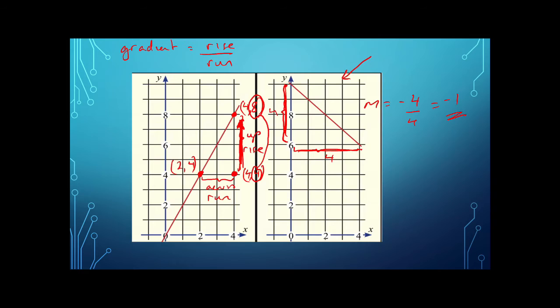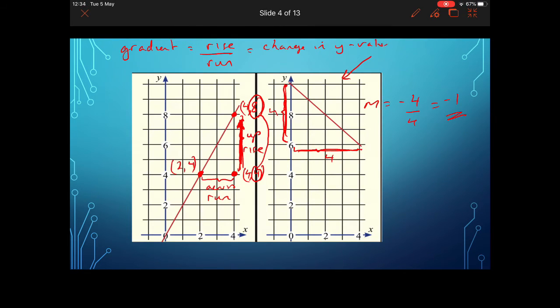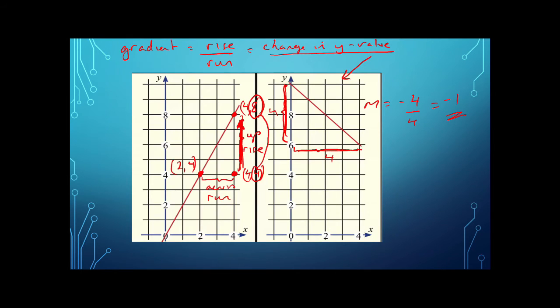So we're looking at the change in the y value, and the run or the across is actually the change in the x value.